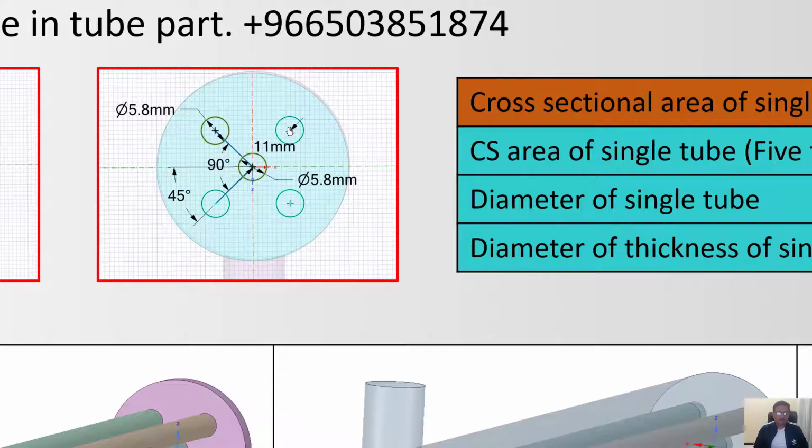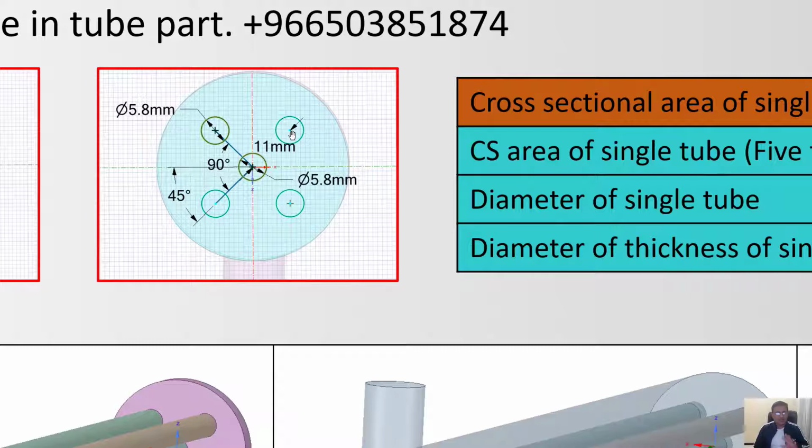And the center of these tubes is at 11 millimeter from the center of the shell, so instead of having the halfway or midway, which is 10 millimeter, we are making it 11 millimeter. I would also recommend that you can move this even up to 30 millimeter to make it better for the heat transfer.